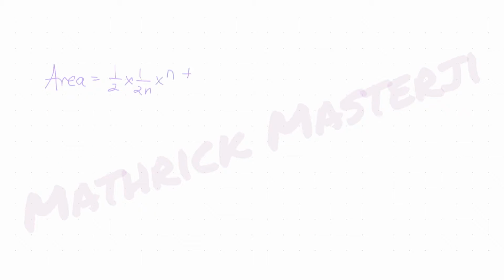Plus the next area, it's half, base is 1 over n minus 1 over 2n, and height is still n. And for the last one, the base is 1 minus 1 over n, and the height is still n.